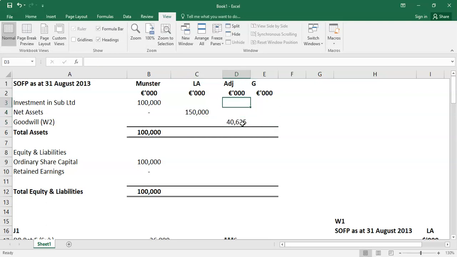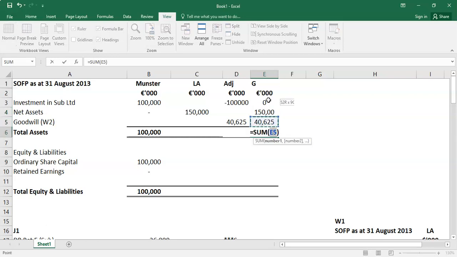And the investment in sub is gone because that will be written off against the goodwill. So you have no investment in sub, 150,000 assets, and 4625 goodwill. So 190 total assets for the group.